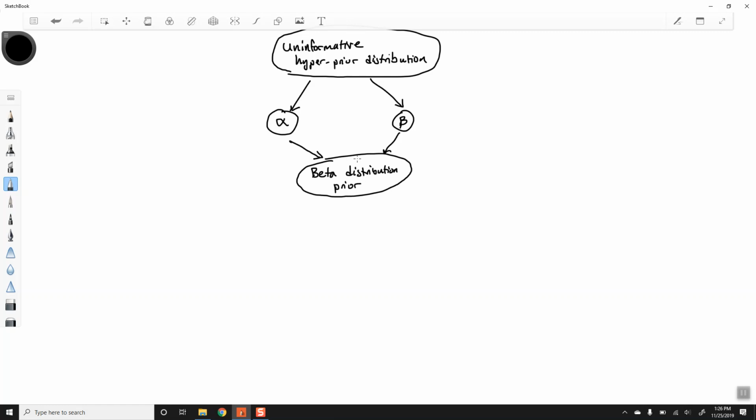Okay, and then from the beta distribution prior, we will draw theta 1. This will be player 1's batting average.